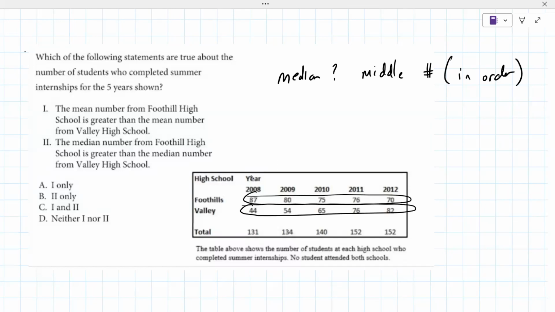The first one's median would be 76. Yes. And then the bottom one is 65. Okay. So now could you try and answer the given question?